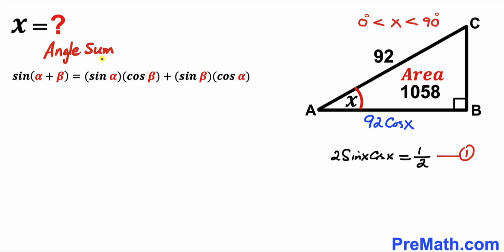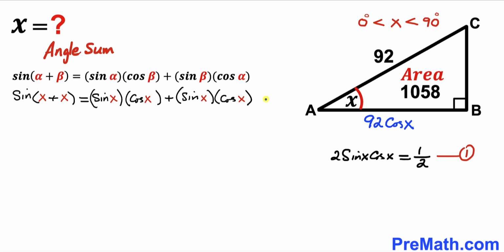Here's our next step. Let's recall the angle sum identity: sine of alpha plus beta equals sine alpha times cosine beta plus sine beta times cosine alpha. Now let's assume that alpha and beta are equal angles. If I call alpha x and beta x as well, then all of these angles are x across the board.